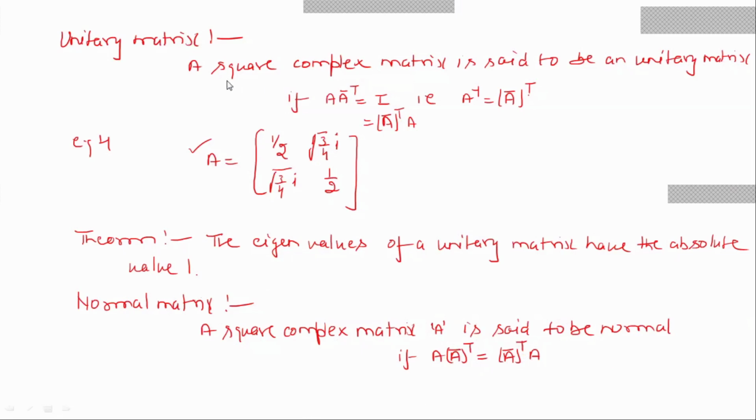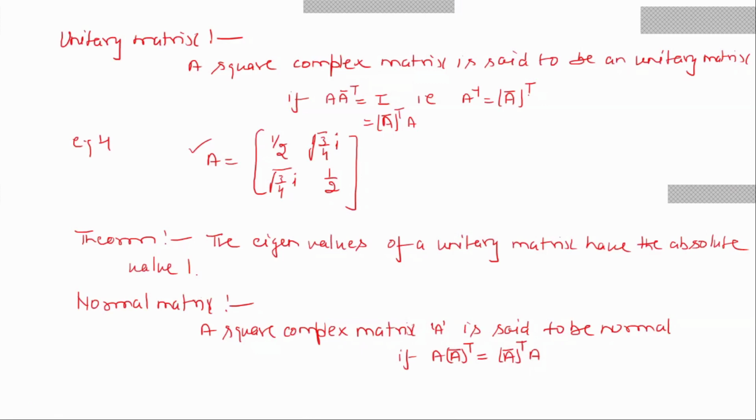So every unitary matrix is a normal matrix. The Hermitian matrix is also a normal matrix, as it satisfies this criteria.